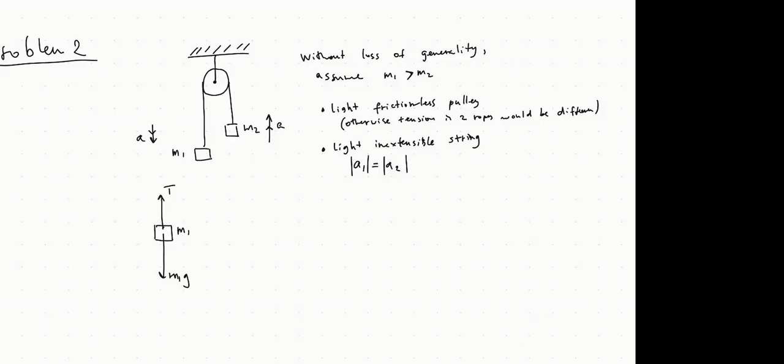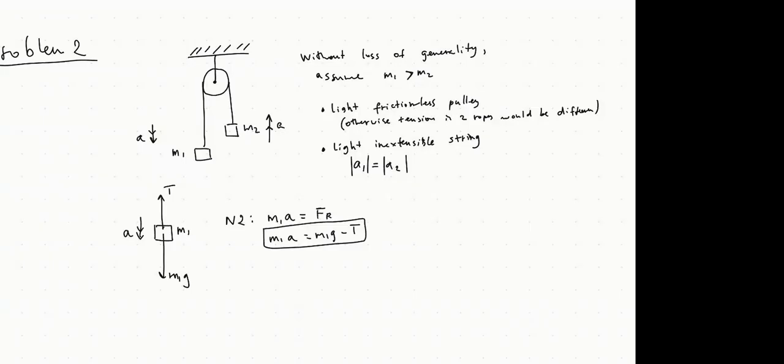That's why the system is accelerating downwards. Newton's second law: mass times acceleration is equal to the resultant force, and the resultant force is m1g minus T. So m1a is m1g minus T. That's the first equation that we got.